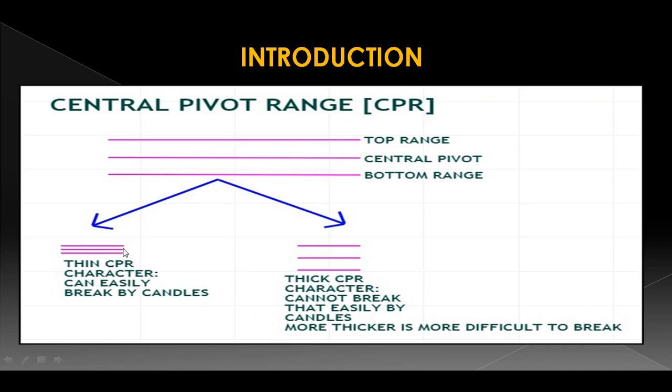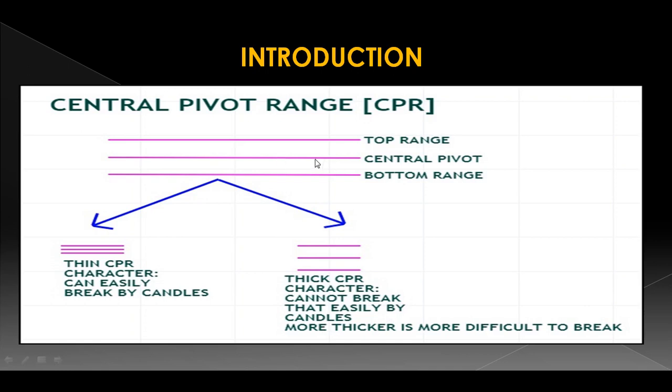Thin CPR means that from the central pivot, the top range and bottom range do not have much distance. It's nearer, like a thin one. This thin CPR has a character that it can easily be broken by the candles. The second one is thick CPR.